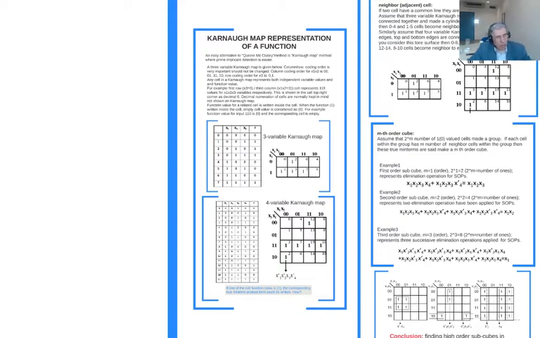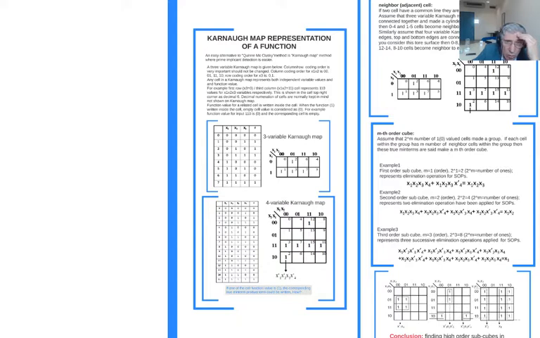Which function value goes in which cell is easy to answer, because the first cell here is in the first row and first column. If you look at the variable values for this first column, first row, it is 0,0,0.